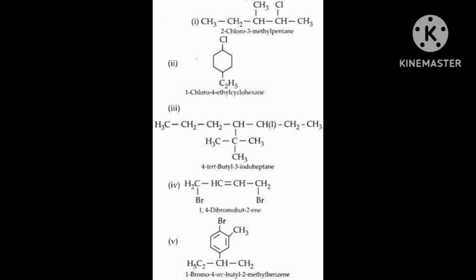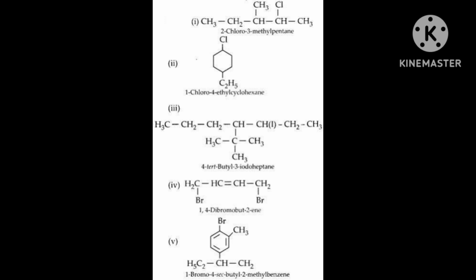Now suppose we have butane, CH3, CH2, CH2, CH3, with a total of 4 carbons, and Cl2 chlorine gas reacts in the presence of ultraviolet light, or if UV light is not there, then strong heating.